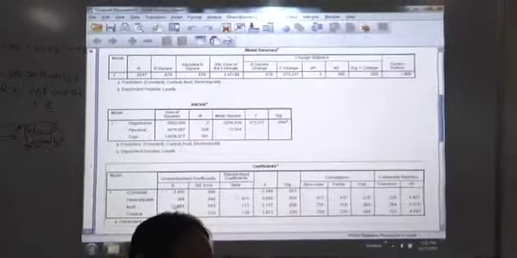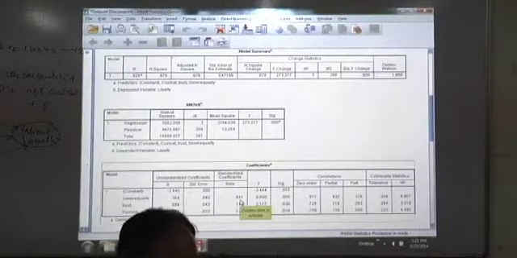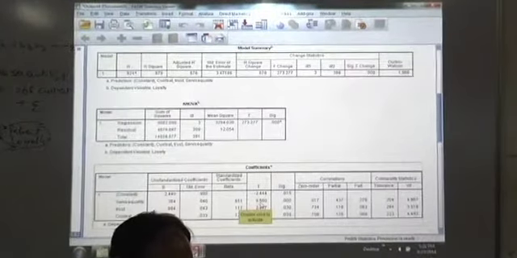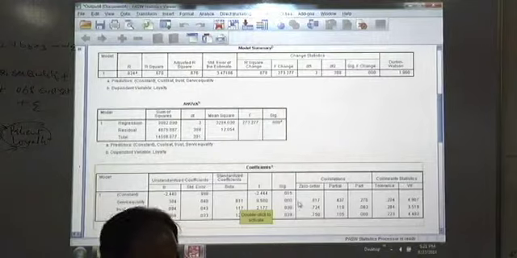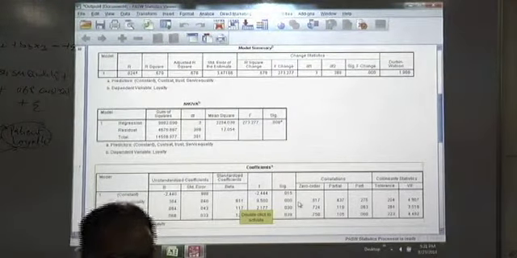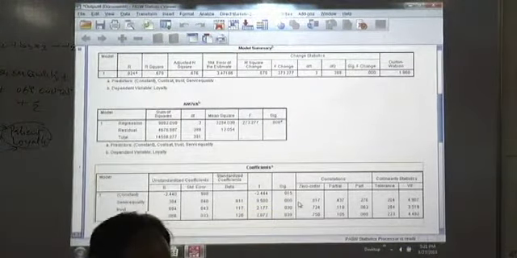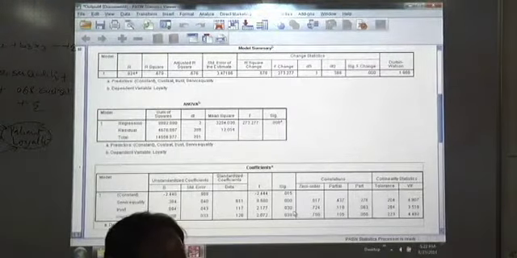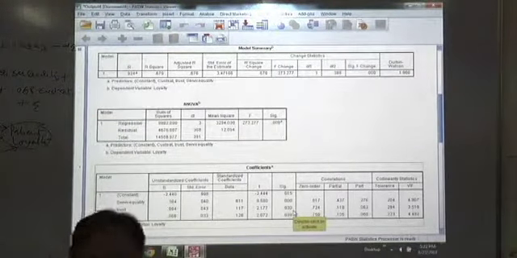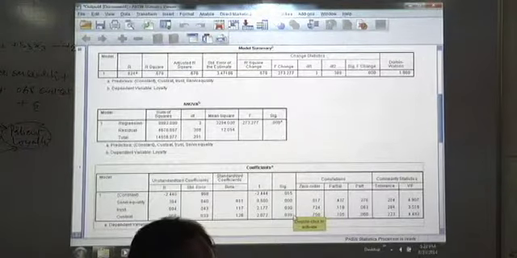Now, look at the test. For service quality, beta is 0.611. Tested using the T value, it is 9.580, significant at 0% level of significance. That means service quality is contributing significantly to loyalty. Next is trust. The T value is 2.177, significant at 0.030, again contributing significantly to customer loyalty.